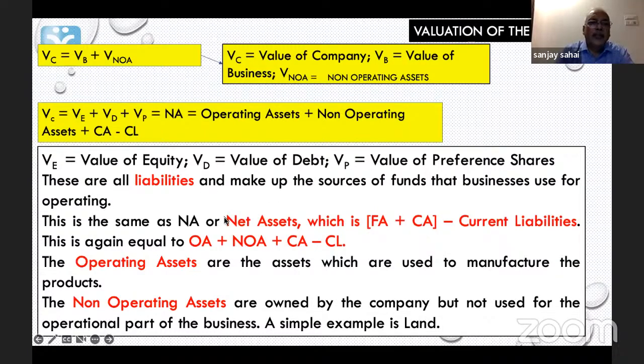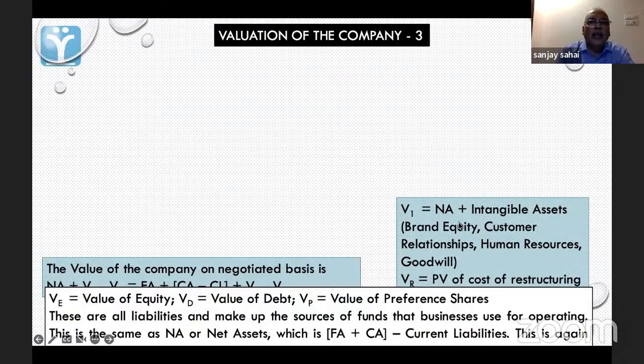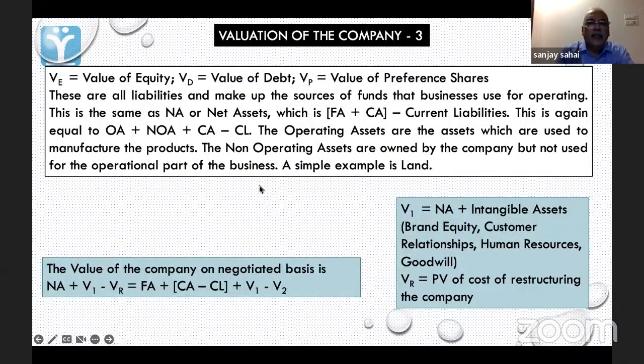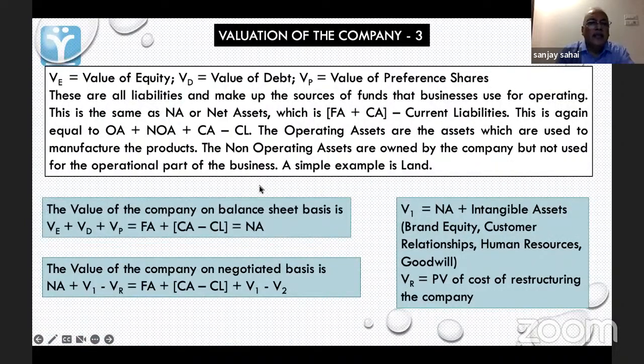So instead of repeating that, I leave this here so that you can do this on your own. Now, you look at the same thing, which is done in a slightly more detailed way. You can see this here, value of equity, value of debt, value is equal to fixed assets plus current assets minus current liabilities. You can look at it like this also.